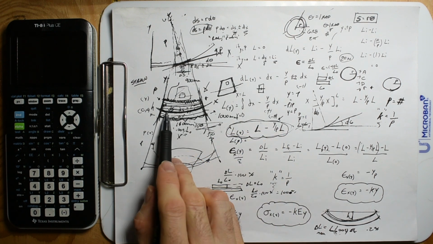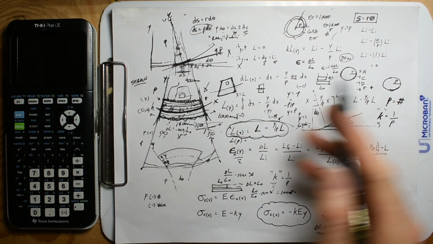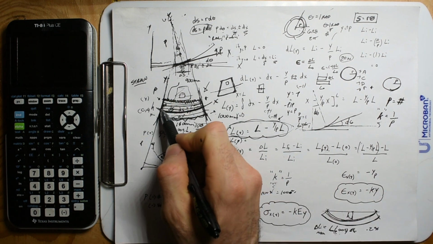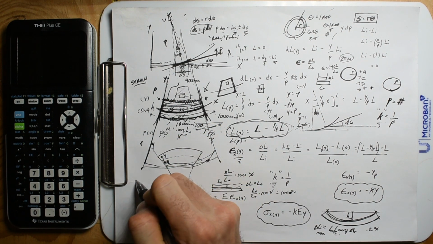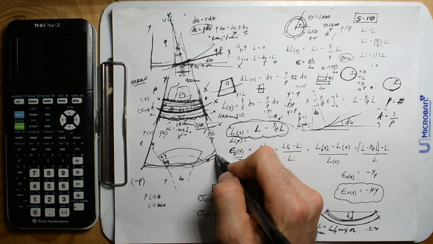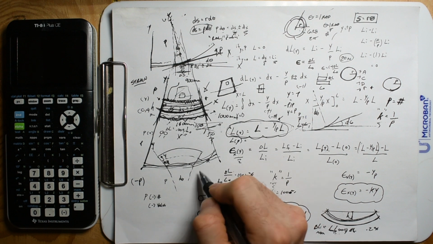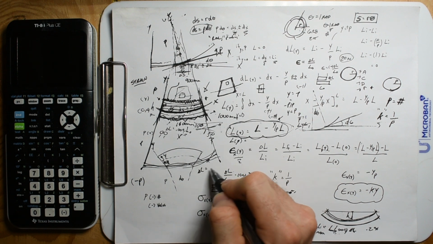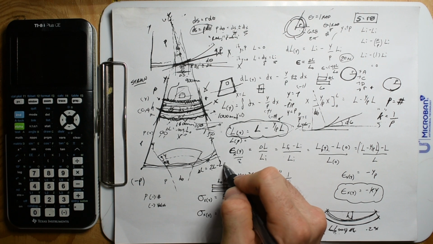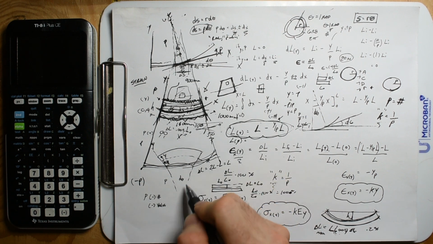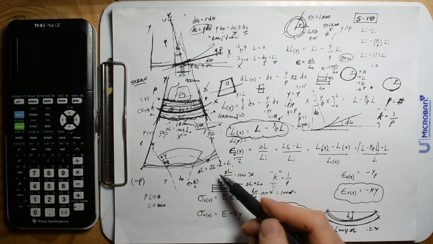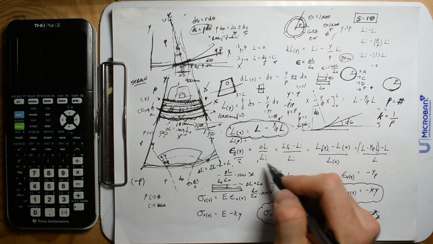So even on here, if I threw in a value, we can check our equation. We're going to get an equation for strain in a sec. We can check our equation by throwing in a value of negative rho. If we throw in a value of negative rho, what happened to our length? It doubled. So we have a change in length of 2L minus the initial length, and that's going to be a change in length of L. Strain is change in length divided by the initial length, so I have L divided by L. Strain should be 1 or 100%.